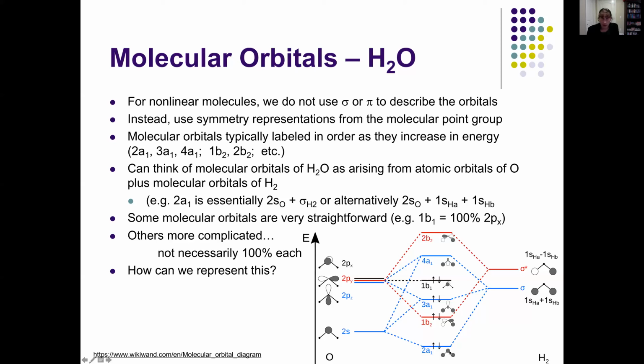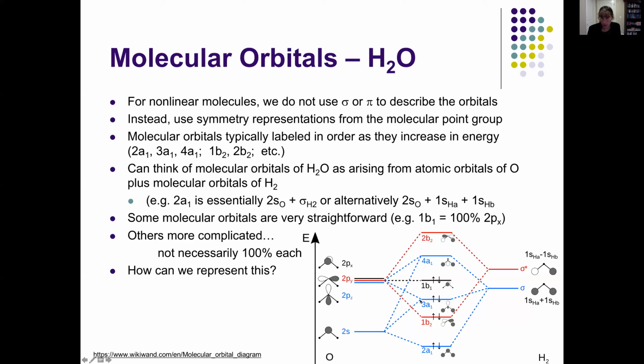Out of these molecular orbitals, some are very straightforward. For example, the 1b1 shown here is essentially 100% of the 2px orbital from oxygen, if we only have one function per atomic orbital. Others are more complicated. If you look at 3a1, that one's a little more complicated.